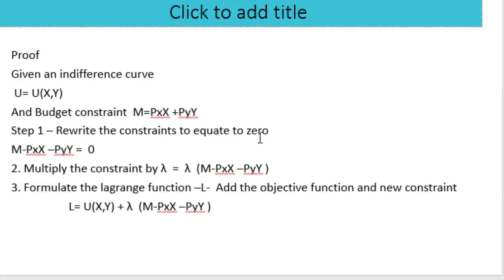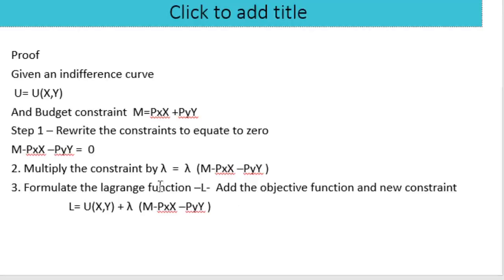The same steps for the Lagrange multiplier solution are used here. Rewrite the constraint to equate to 0, that is M minus Px of X minus Py of Y equals 0, and then multiply the constraint by lambda, so we get lambda times M minus Px of X minus Py of Y, and formulate the Lagrange function.